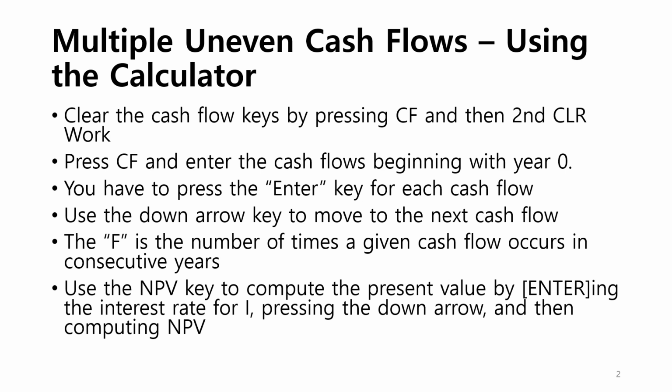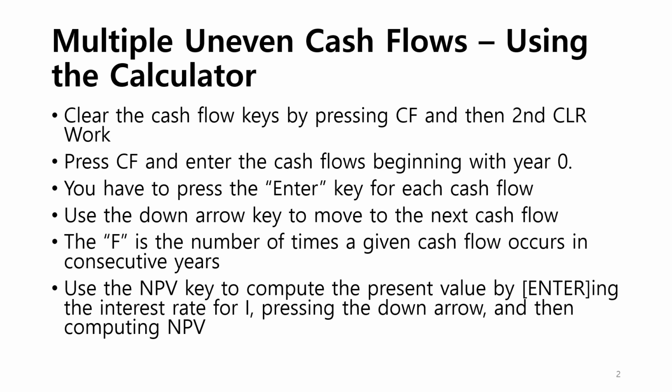After you finish inputting F, the frequency, then press the down arrow key. Then the screen will change. Now CF2 is equal to blank will appear.